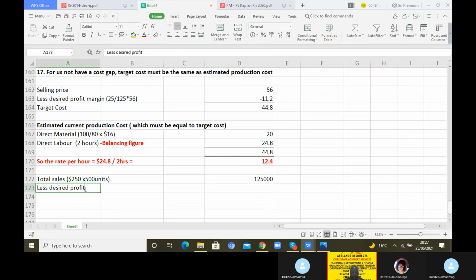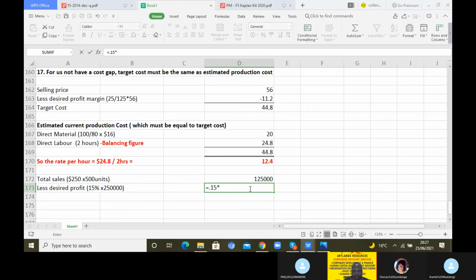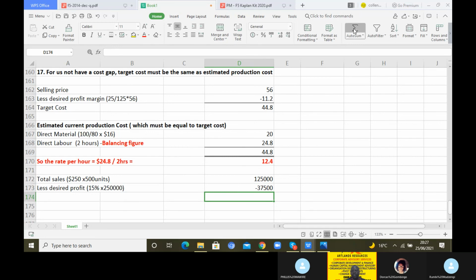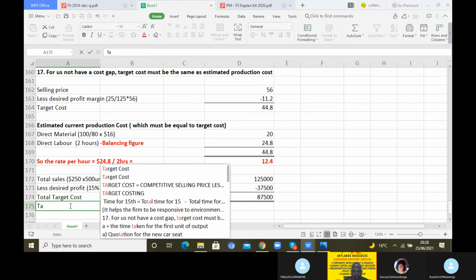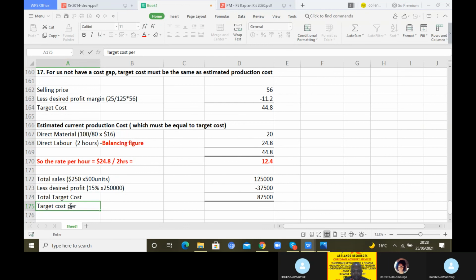So profit equals 15% multiplied by 250,000, which is 0.15 times 250,000, so desired profit becomes 37,500. So you come up with the total target cost of 87,500. Then target cost per unit is 87,500 divided by units, which is 500.